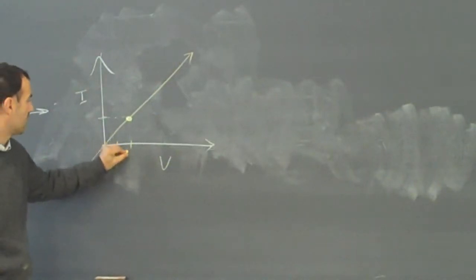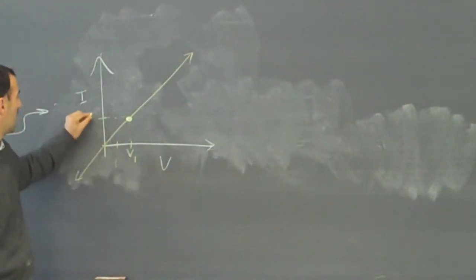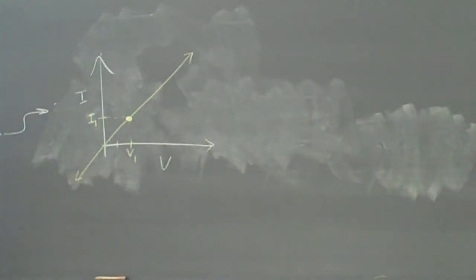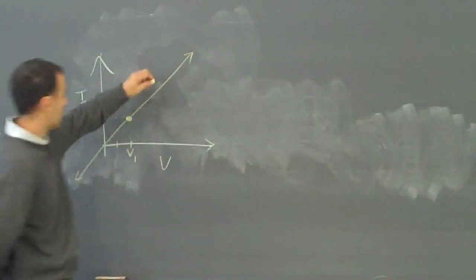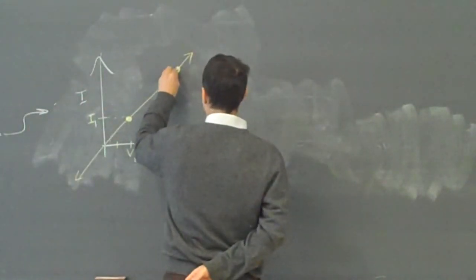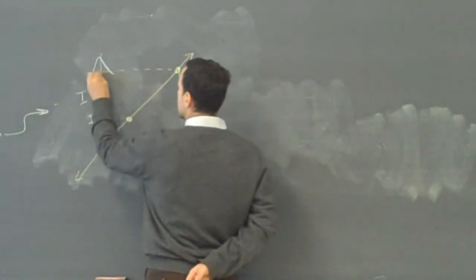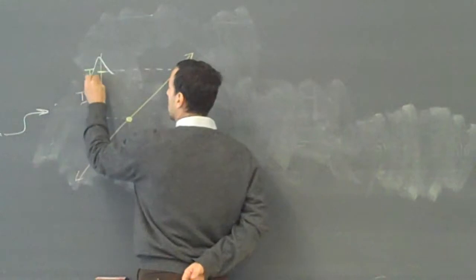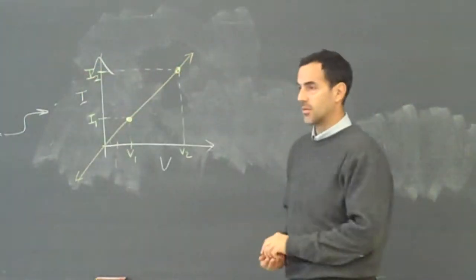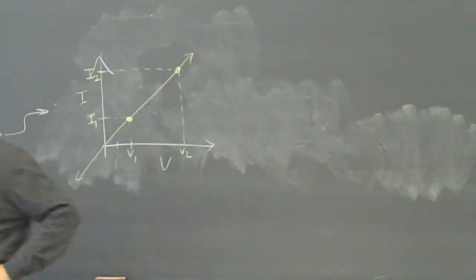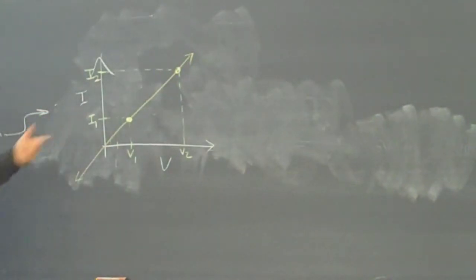So if I apply a voltage V1, I'll get a current I1. Suppose somebody else applies a different voltage, V2. We're going to get some current I2 across that resistor.